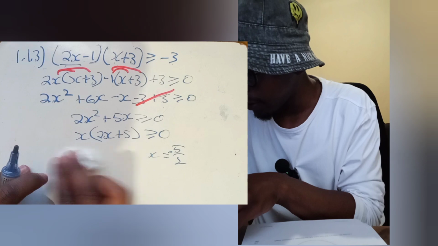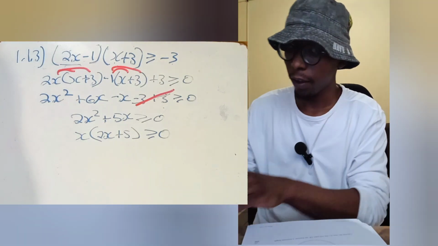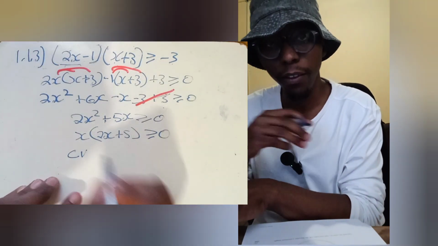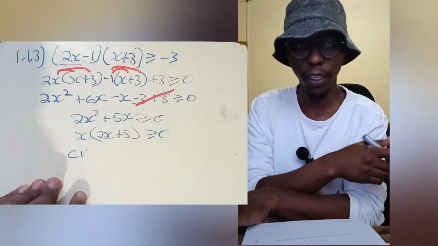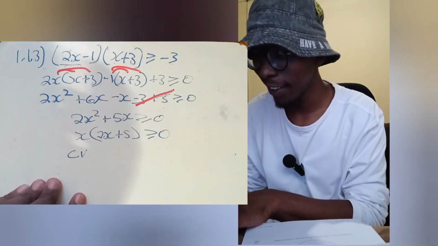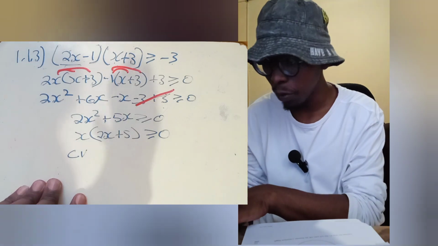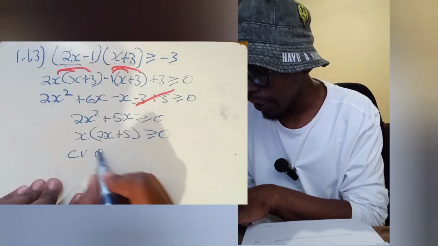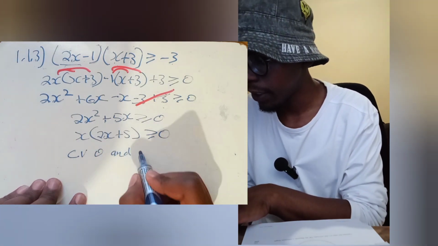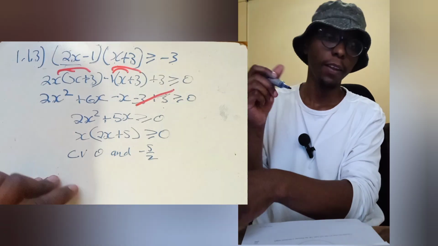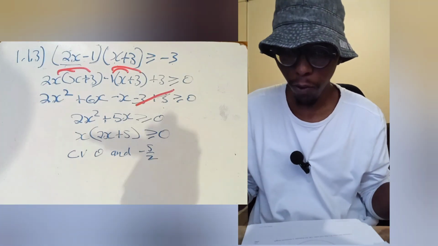You simply say critical values, because it's what you're looking for before solving for an inequality. It's critical values. The critical values will be the 0 and the minus 5 over 2. 0 and minus 5 over 2. And then now everything in maths connects, right?